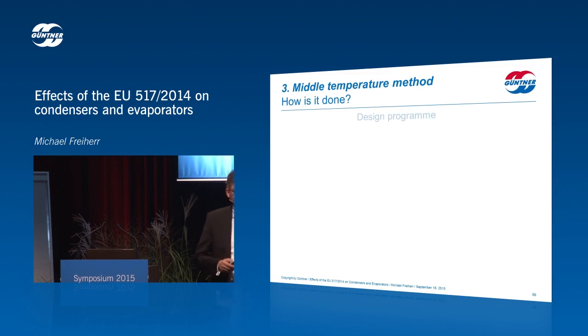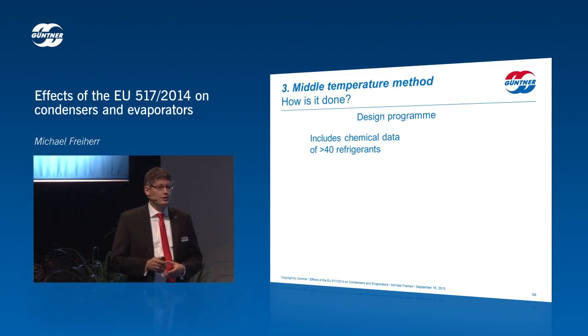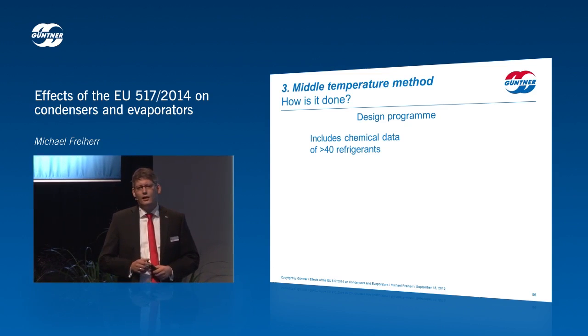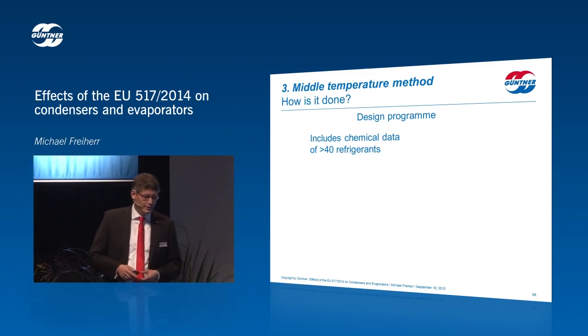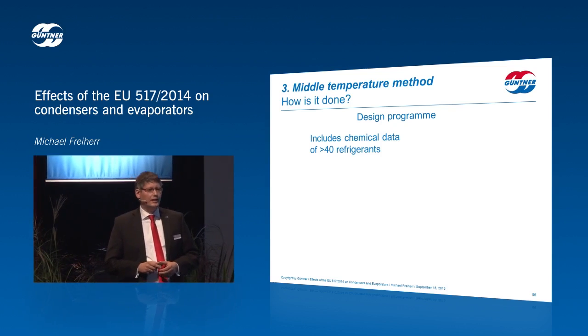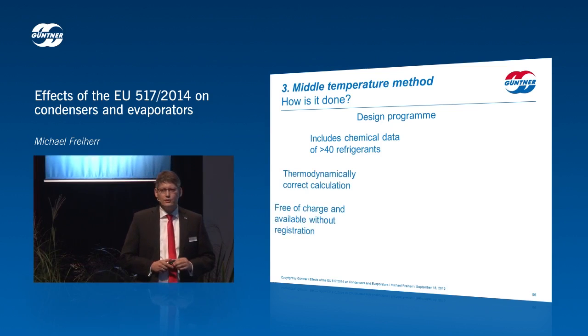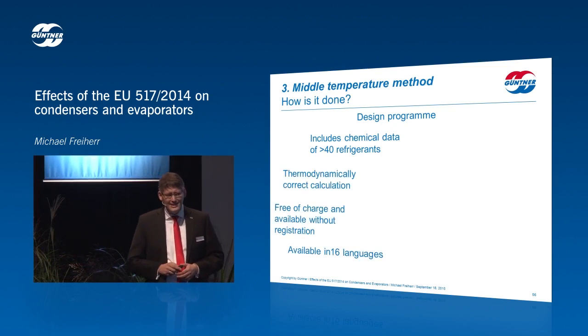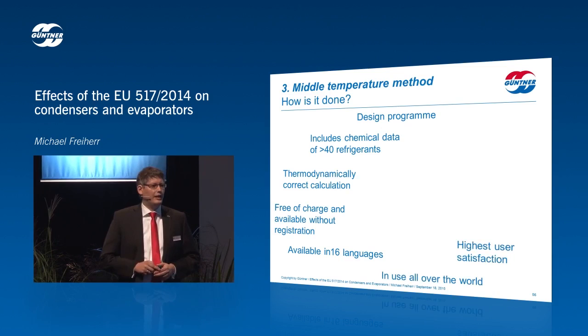But cheer up, I found a software which helps out in these cases, which includes thermophysical data of more than 40 refrigerants, among them R449A, R468, and all other new refrigerants you might think of. It calculates correctly, including all chemical data, thermodynamically correct calculation. It is available in 16 languages, can be used all over the world, achieves highest customer satisfaction.